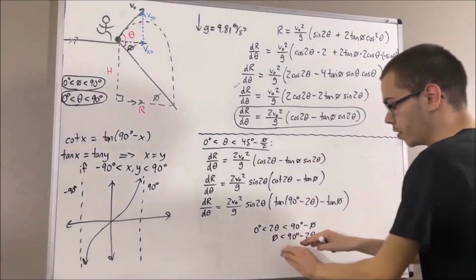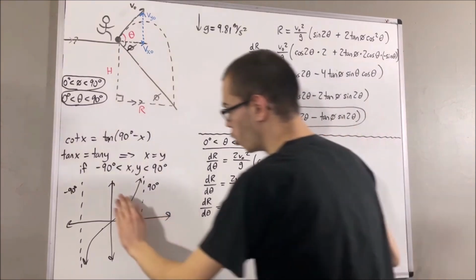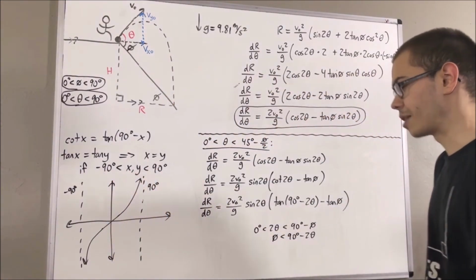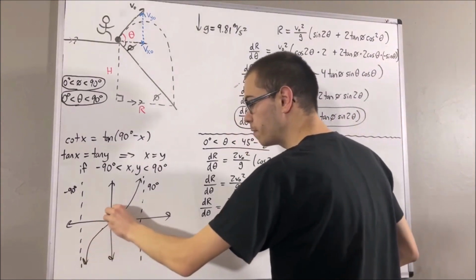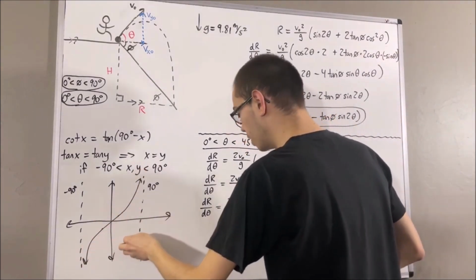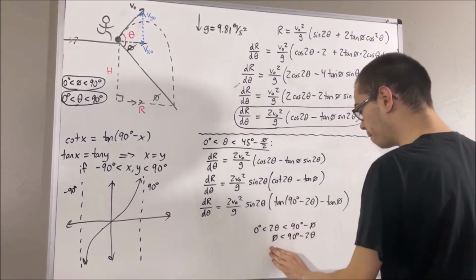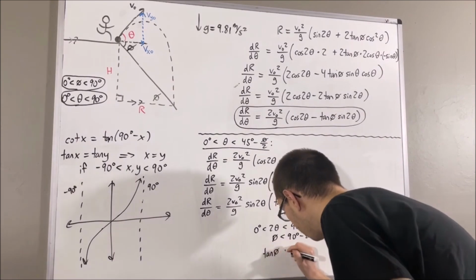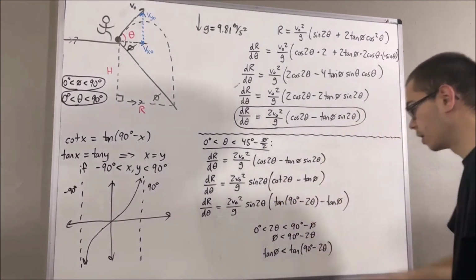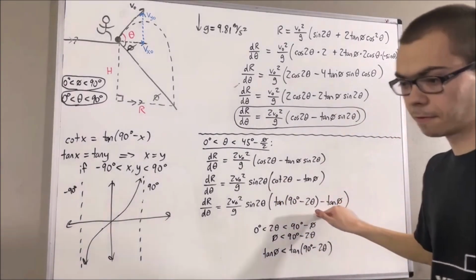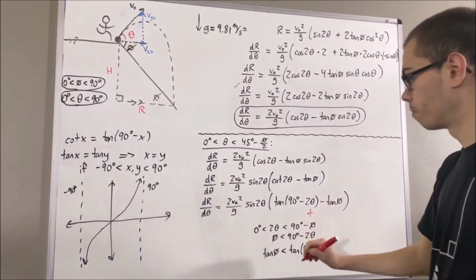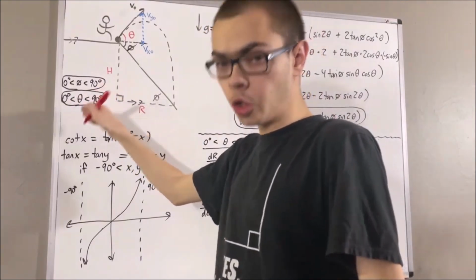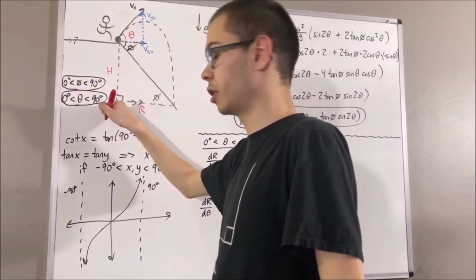Remember from earlier, these two angles lie in the open interval of negative 90 degrees to 90 degrees. Now, since tangent is an increasing function on this interval, this implies that the tangent of phi is less than the tangent of 90 degrees minus 2 theta. And so, this difference is positive. Now, since theta is between 0 degrees and 90 degrees, 2 theta is between 0 degrees and 180 degrees.